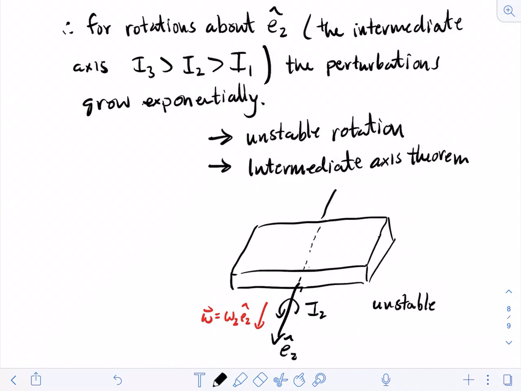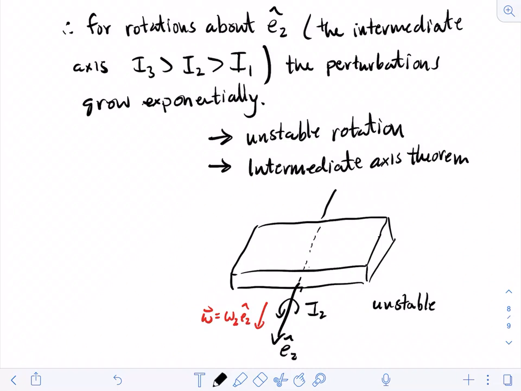And so what unstable means is that if you did an absolutely perfect, flawless flip of your phone where there were no components of omega along the first or third principal axis, then it would just rotate about that second principal axis nicely. However, that's really impractical. No matter how good of a toss you do, there's always going to be some imperfections. Those imperfections will grow exponentially, and the flip of your phone will not be a nice clean flip. And so you can go ahead and try that as many times as you like.